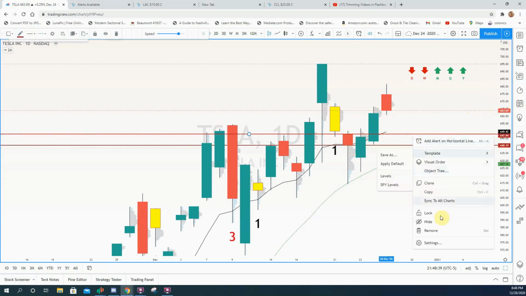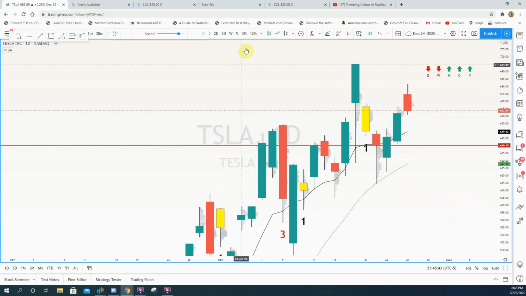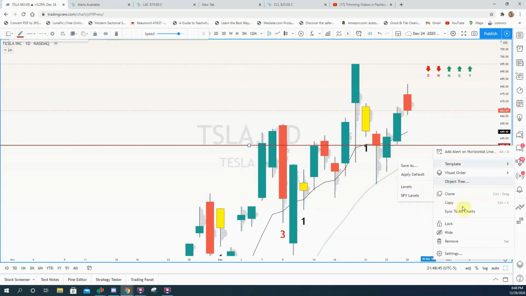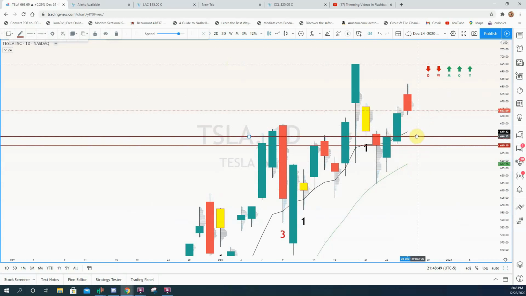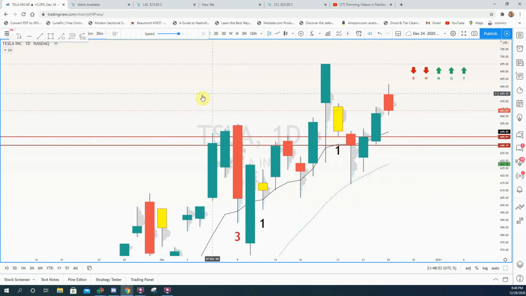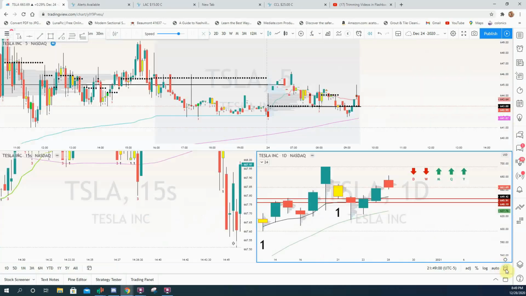So let me get rid of that one. It's not as important. What I would have wanted to do, sorry about this, is actually mark that close. Okay. So that's kind of what I'm looking for. Of course, I don't know exactly what price is going to do, but I can look at pre-market and get a feel for where we're at.